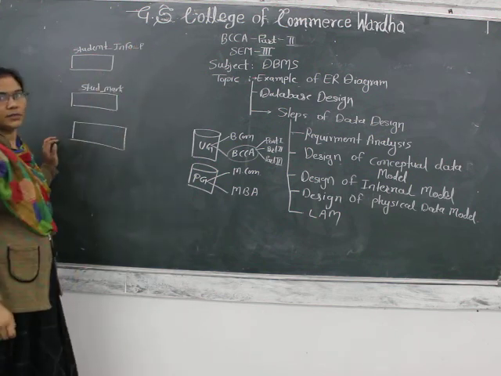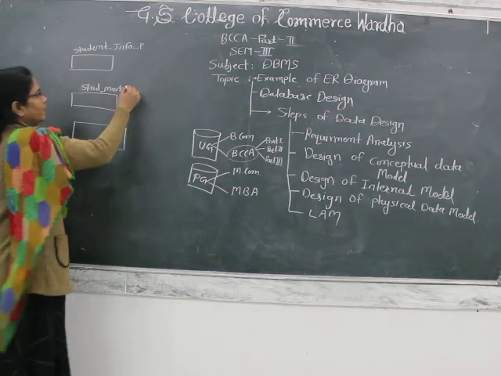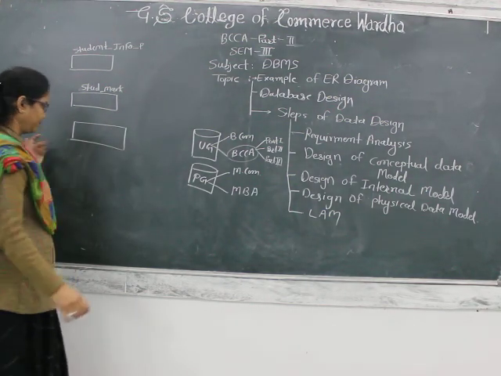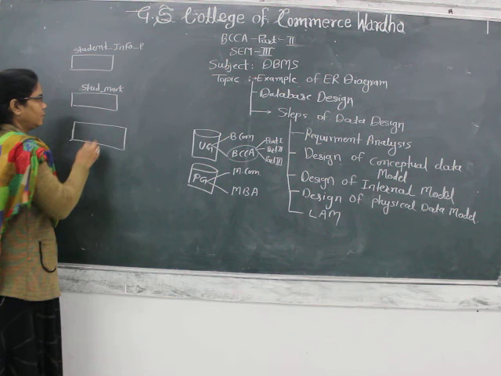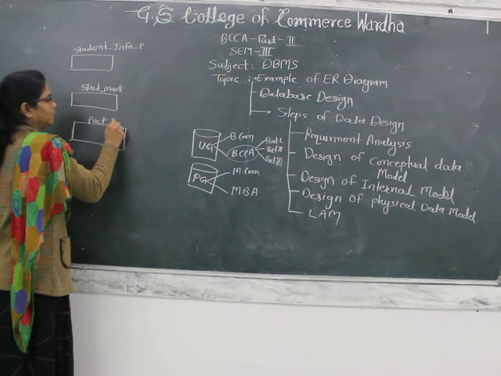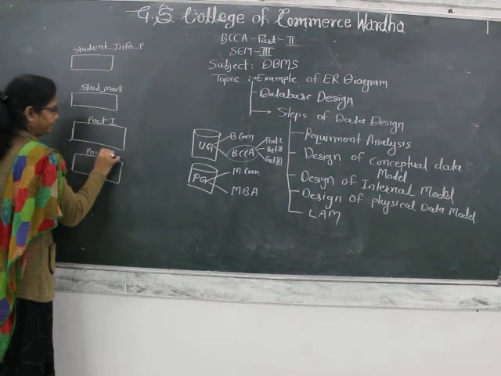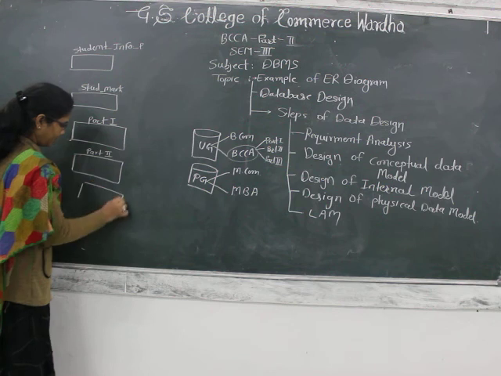P indicates it is personal info. Stud marks indicates the marks info like 12th and 10th. And after that, part 1, then part 2, part 3.